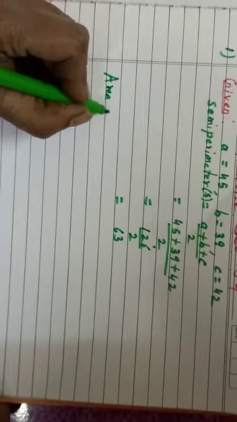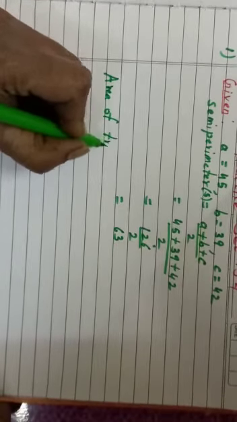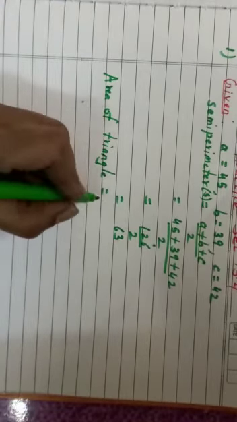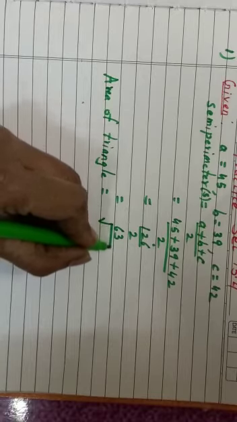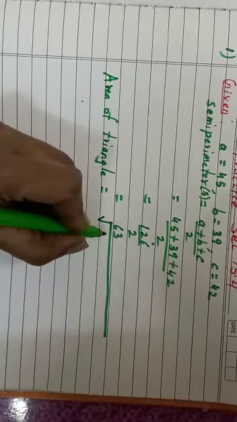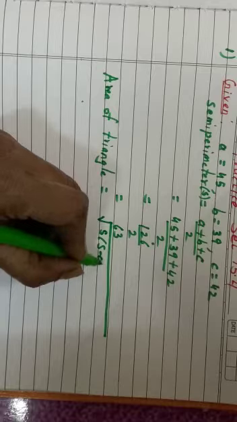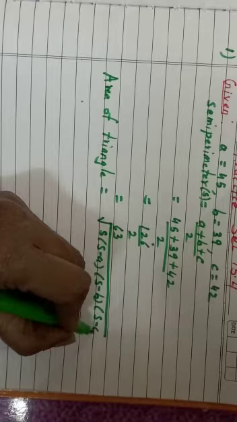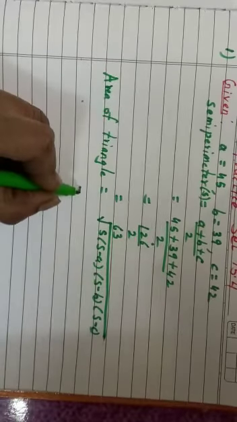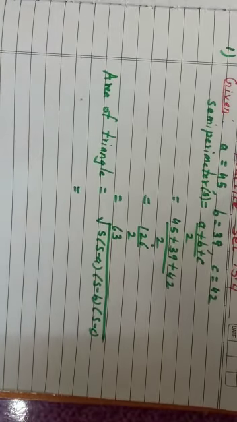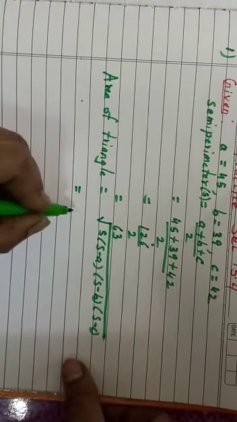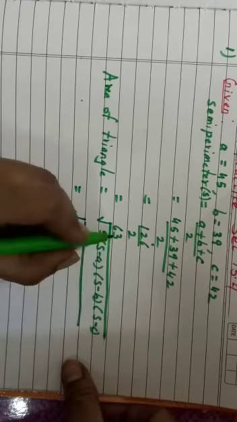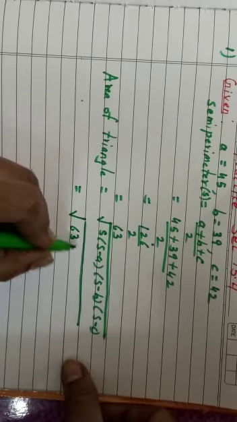Area of triangle is equal to square root of s into s minus a, into s minus b, into s minus c, which is equal to square root of... now what is the value of s? 63. We will substitute 63.